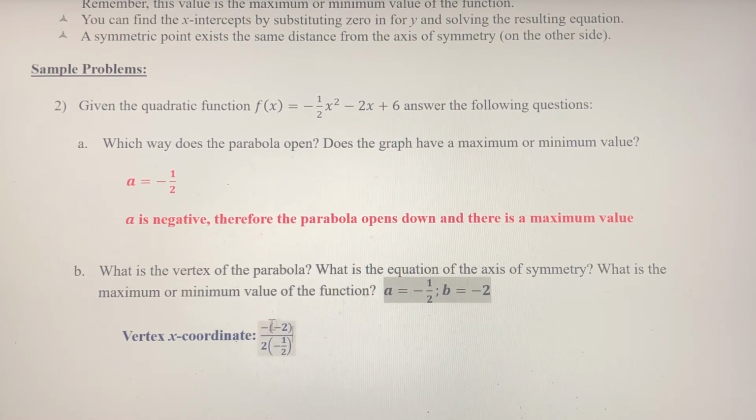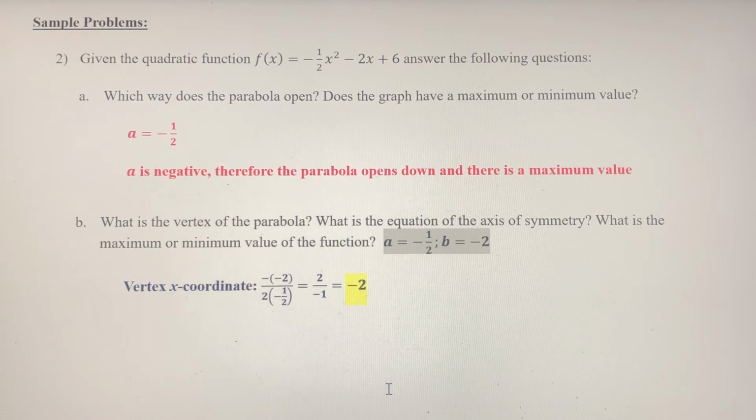In the numerator, when I clean that up, I get a positive 2. In the denominator, 2 times a negative 1/2 is negative 1. So I get 2 over negative 1, which simplifies and gives me an x-coordinate of negative 2. So the axis of symmetry is going to be the vertical line through x equals negative 2.